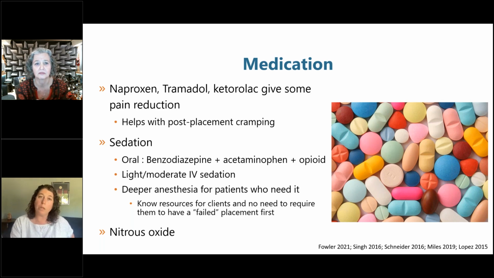If someone is really clear that they do not want the IUD procedure without a particular type of pain management, and you can't provide that, know who can within your practice or your broader community, so that you can refer.